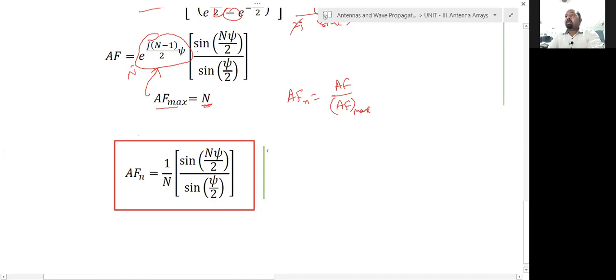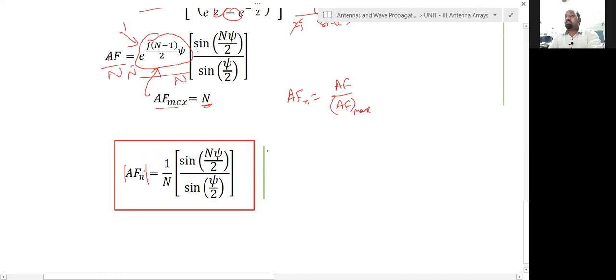So the array factor normalized value is 1 by n into sine n psi by 2 by sine psi by 2, right? This is the magnitude you will get, because the magnitude of this one is 1, therefore this divided by n.